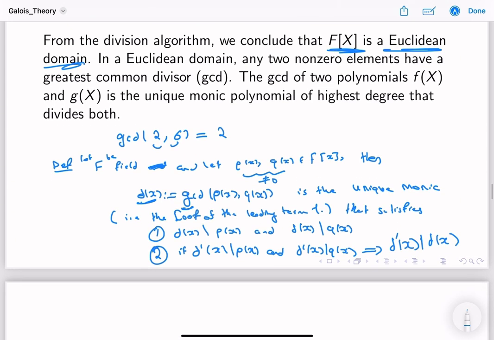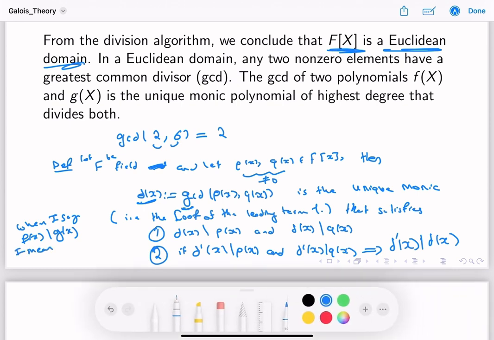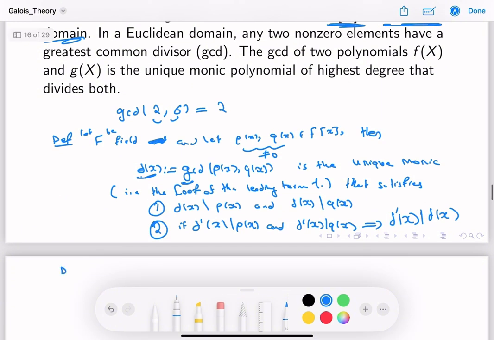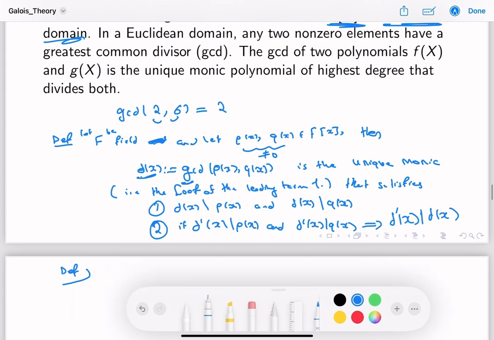And just to clarify here, when I say a polynomial f of x divides g of x, let me just write it here, because I want to remind you of it.